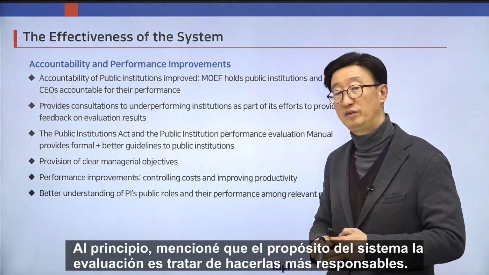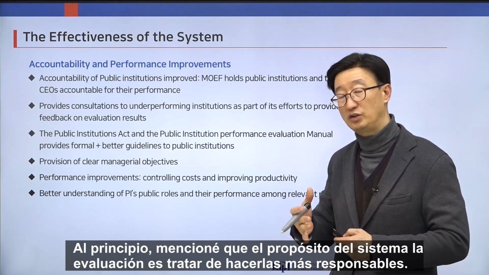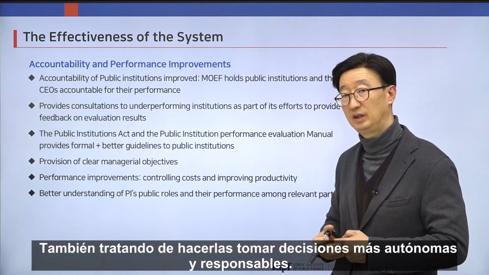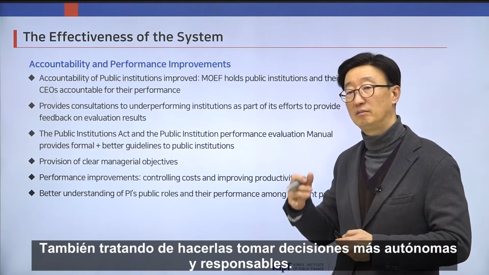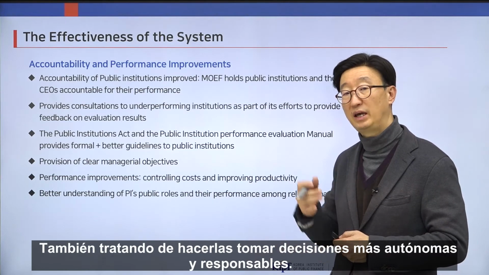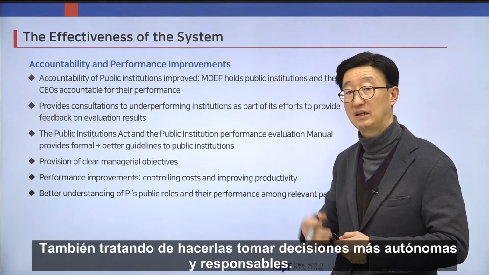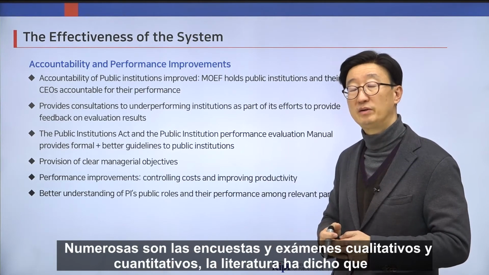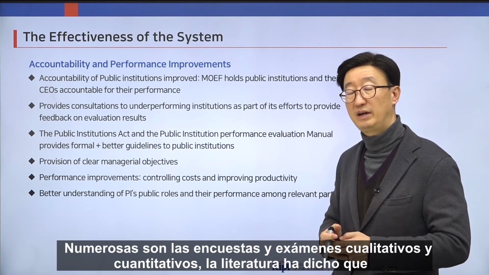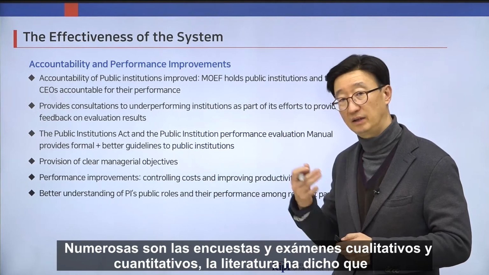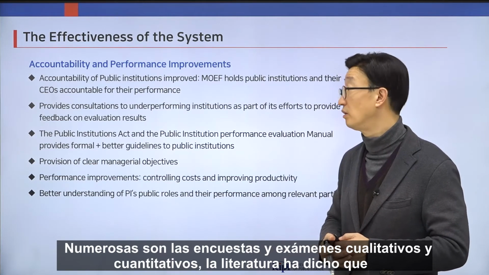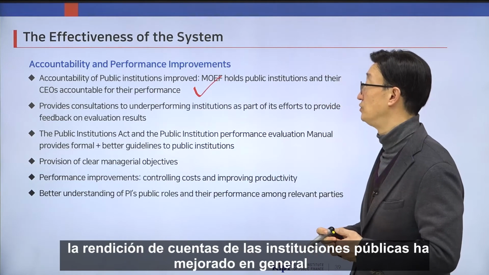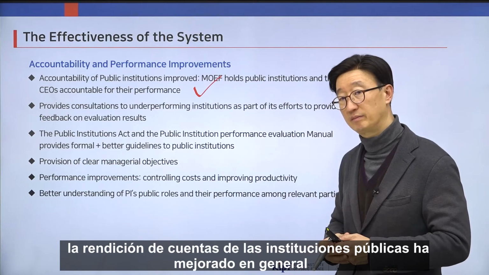In the beginning, I mentioned that the purpose of the evaluation system is to try to make them more accountable, to make more autonomous, accountable decisions, right? And numerous qualitative and quantitative surveys, examinations and literature have said that accountability of public institutions generally improved.